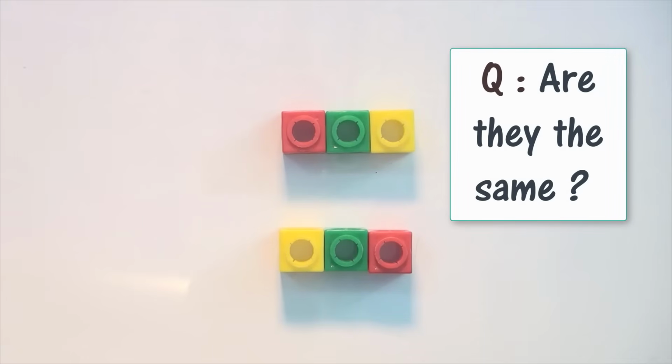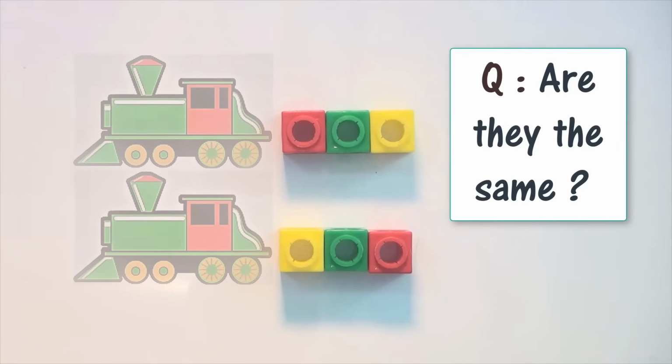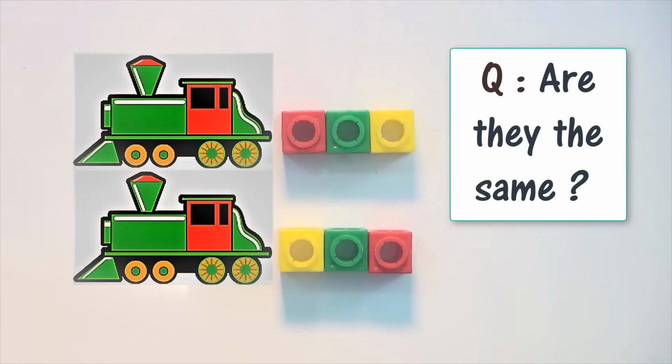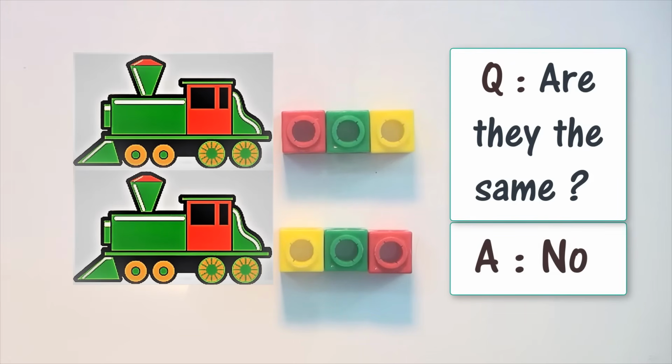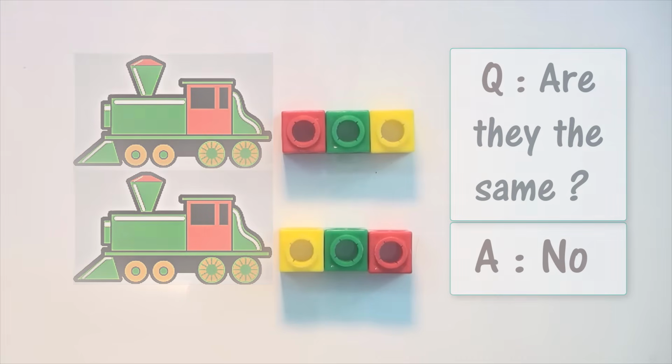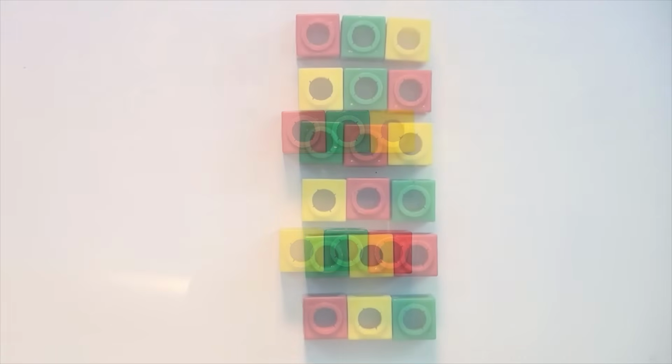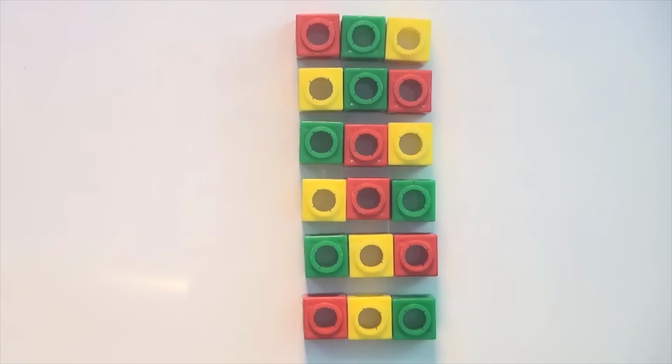And this is where the confusion arises. But if you put the train engine at the front, then you see that the carriage order of red, green, yellow is different from yellow, green, red. And this is Caleb Coutinho's way of explaining it. And there we have 6 different carriage orders.